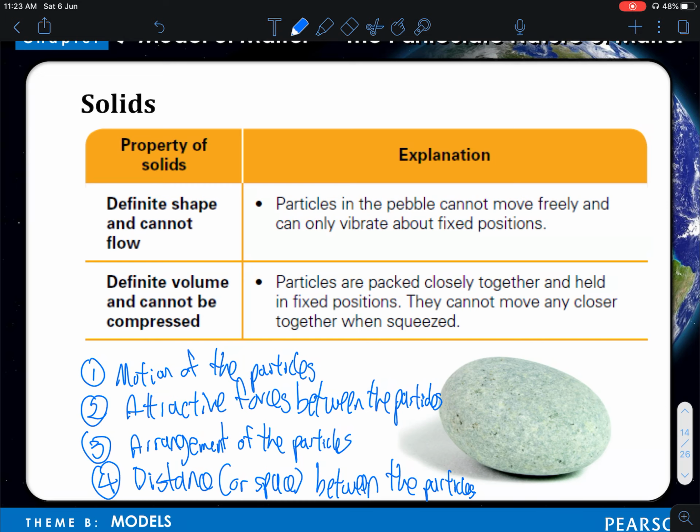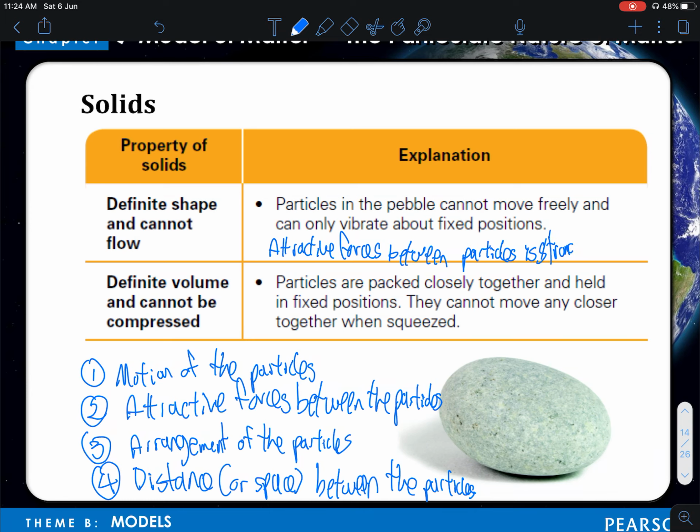It cannot move freely and vibrates about its fixed position because the attractive force between particles is high or strong. And the distance between them in this case is low, but in this case you don't really need the distance part.